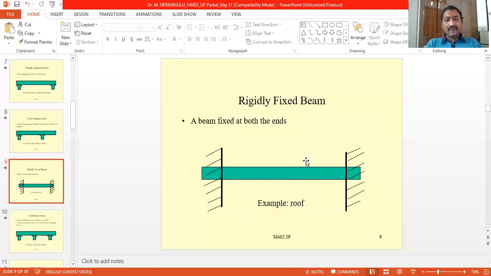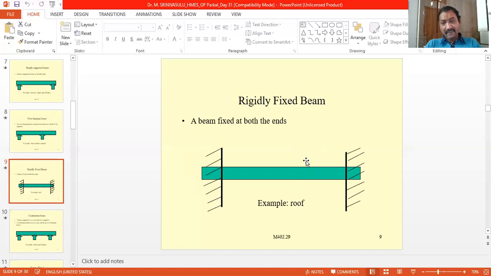Next, the rigidly fixed beam. Here, if both ends of the beam are rigidly fixed at both sides, then that beam is called the rigidly fixed beam, or simply the fixed beam.